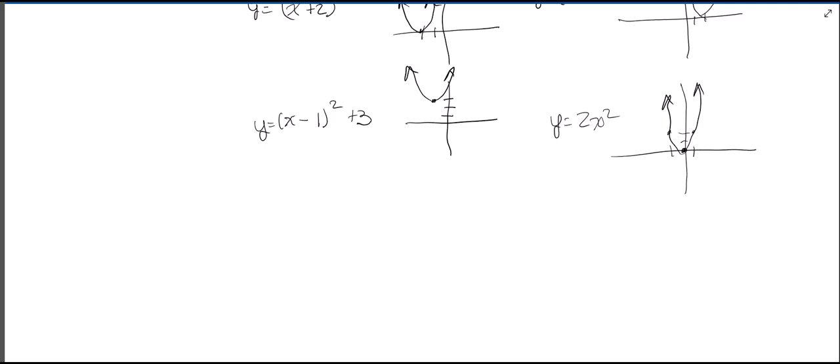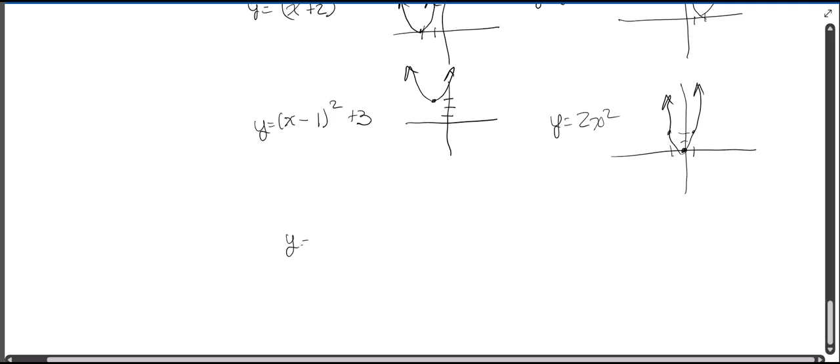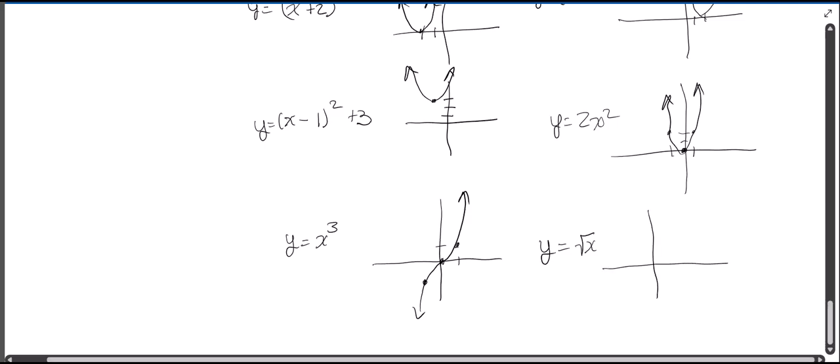And the last 2, 3 that I think you need to know, y equals x cubed. Y equals x cubed looks like this. Goes through 0, 0, 1, 1, and negative 1, negative 1. Y equals the square root of x looks like this.